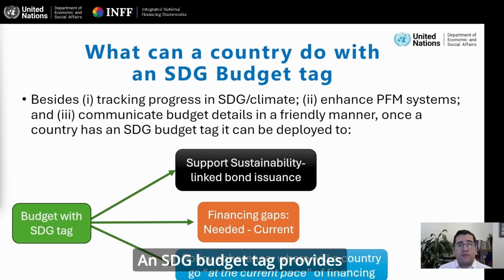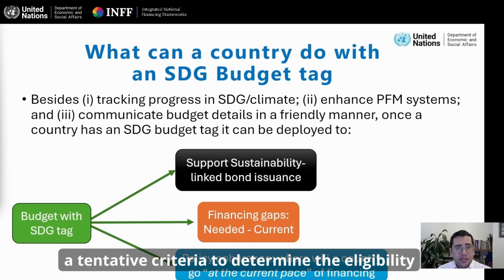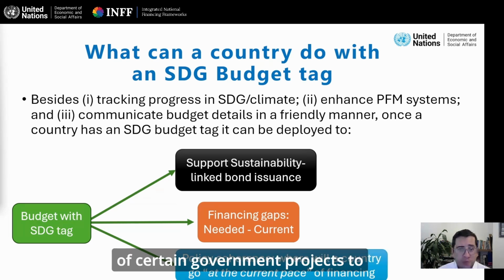An SDG budget tag provides a tentative criteria to determine the eligibility of certain government projects to receive the resources from those bonds or that issuance.